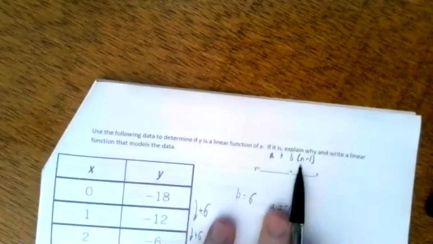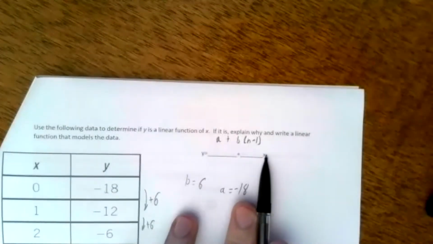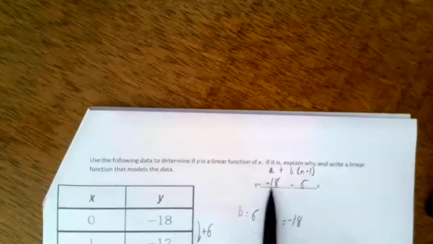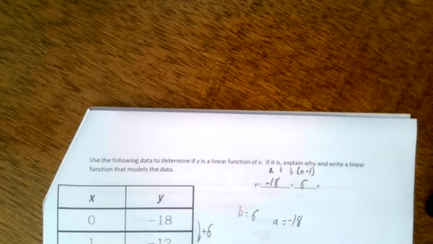In this case, instead of having n for our term number, we just have the letter x. So the way that we can fill this in is we just plug in negative 18 and then plus 6x. The number that we're multiplying always goes in front of the variable, and then our starting term is just by itself. We're just adding it together.